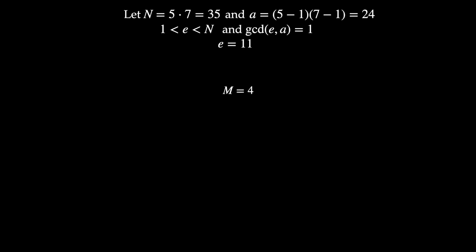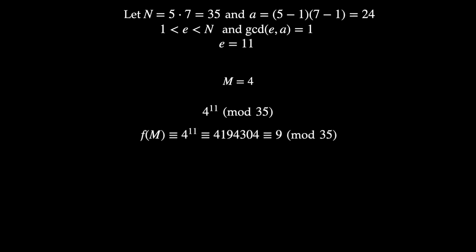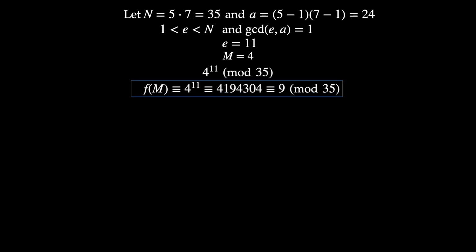So the message to the power of e mod n. This will be our encrypted message, and this would be 9 in this case. So we send this to Bob.